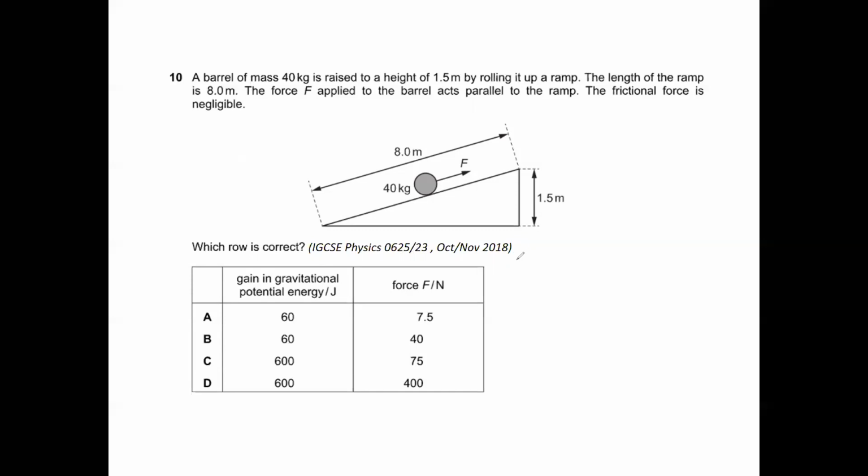The formula for GPE is mass times gravity times height. From here the mass is 40, the gravity is 10, and the height is 1.5. So this one becomes 600.